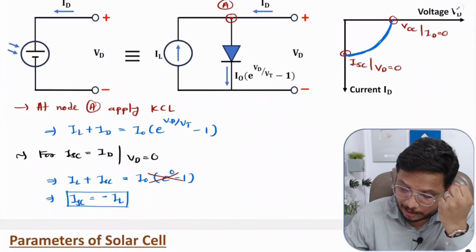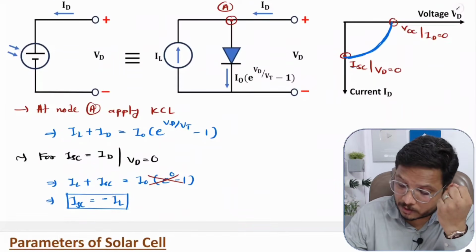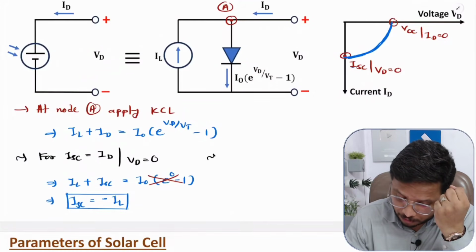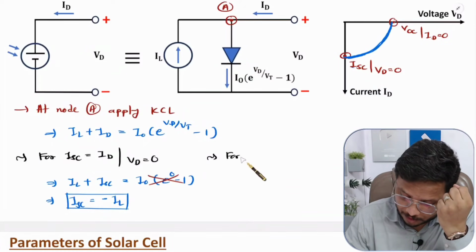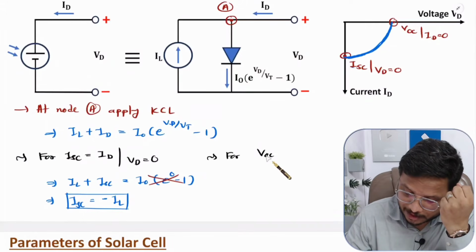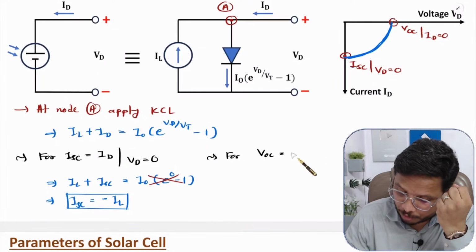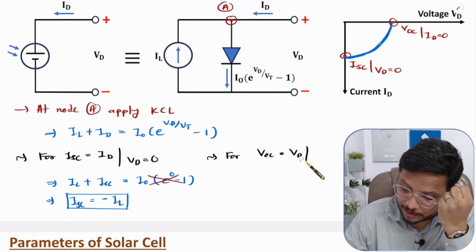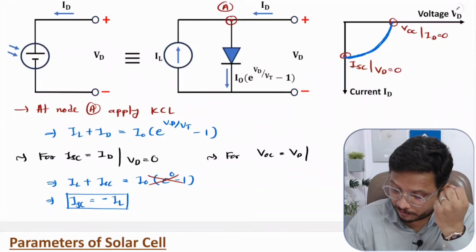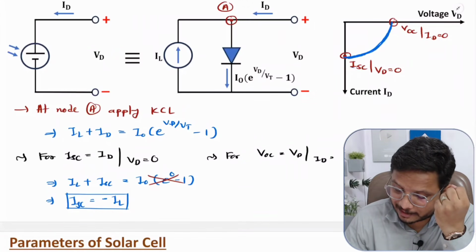Now, if you want to calculate VOC, what do we need to do? VOC is VD provided ID is 0.